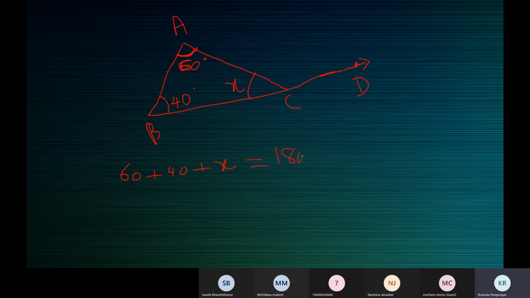We say in words that the sum of the three angles of a triangle is equal to 180. Write the same thing.